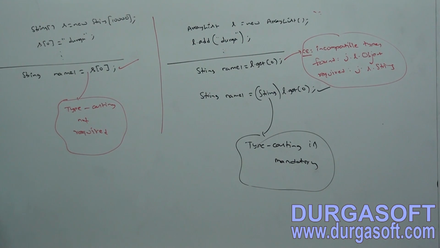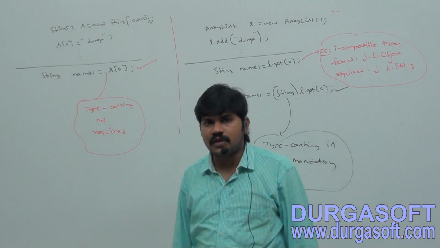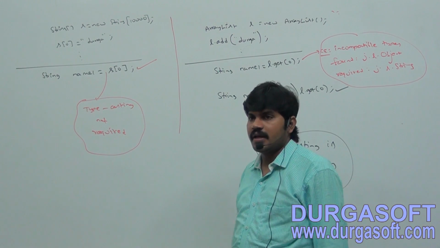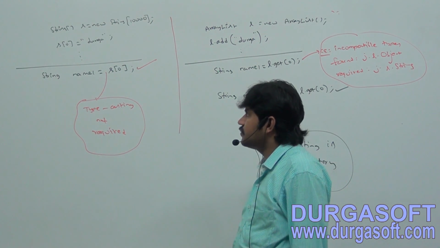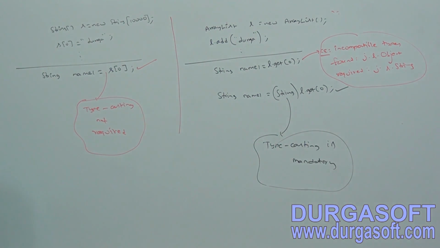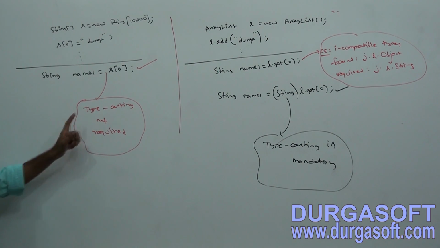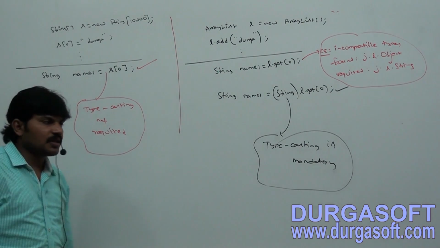Take this example: String[] s = new String[10000]; s[0] = "Durga"; then String name1 = s[0]. At the time of retrieval, typecasting is not required.